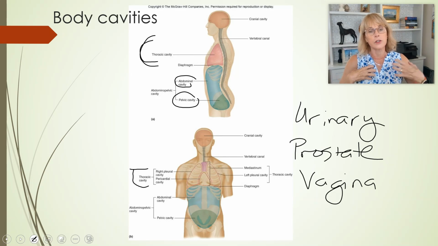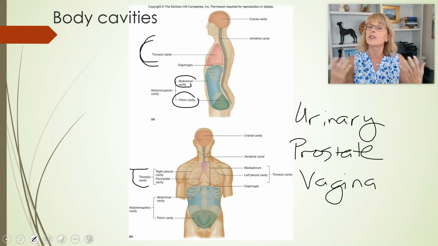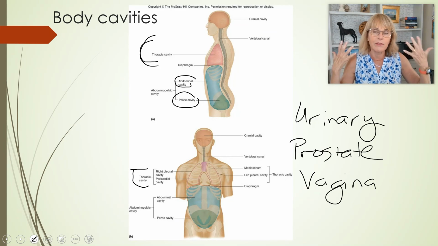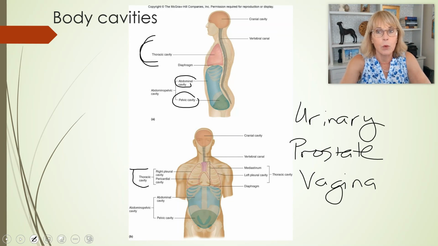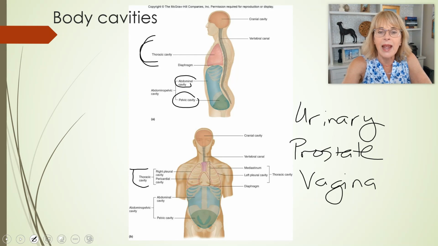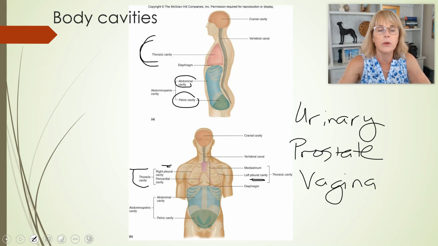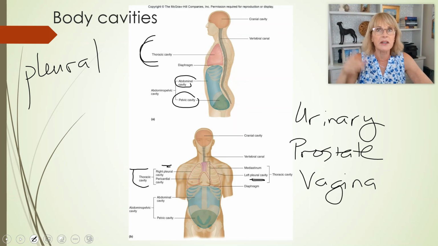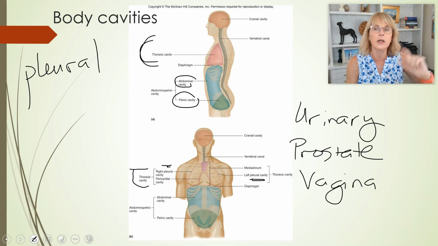Each one of your lungs is in its own little compartment, like a hefty bag or Ziploc bag. Each lung is in a pleural cavity. Right lung in the right pleural cavity, left lung in the left pleural cavity.